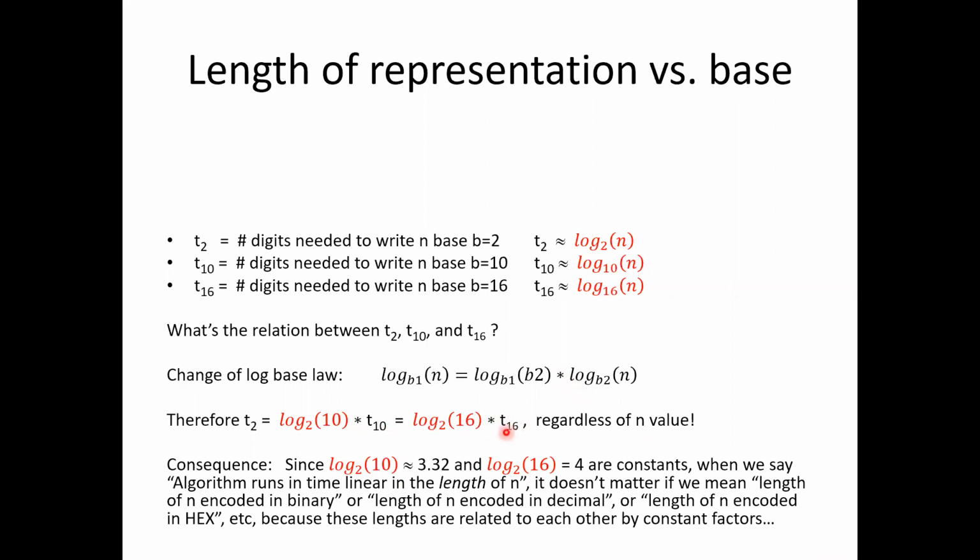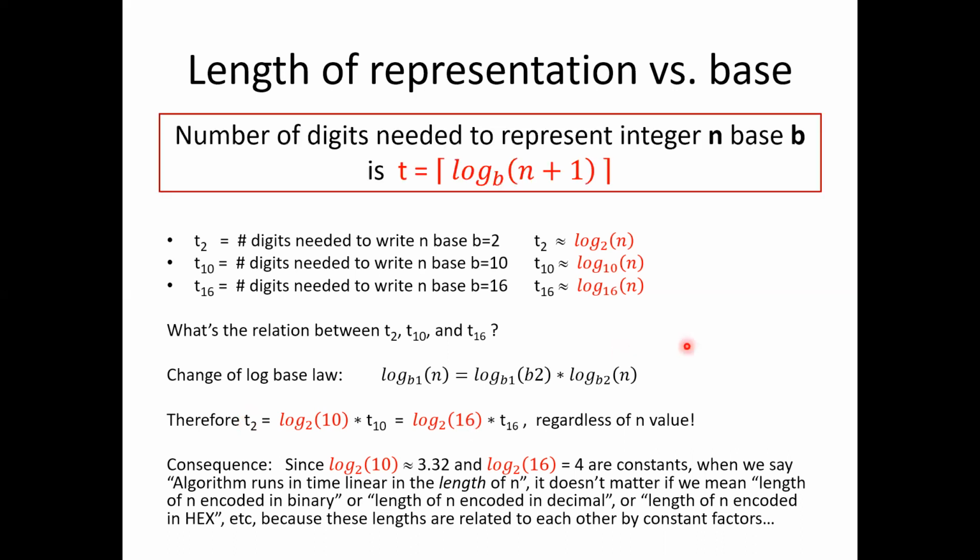And if you convert, if you know something has, say, 10 hex digits, then how many bits does it have? Well, that one is very clear, because log 2 of 16 is 4. So you simply take the number of hex digits and multiply by 4 to get the binary digits, right? Which we already knew, 3 or 4 slides back. So this is the general law: you take a logarithm and you take a ceiling.